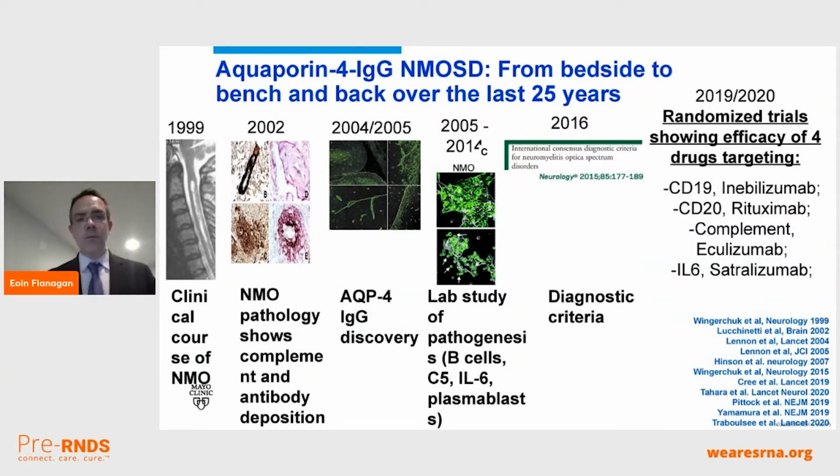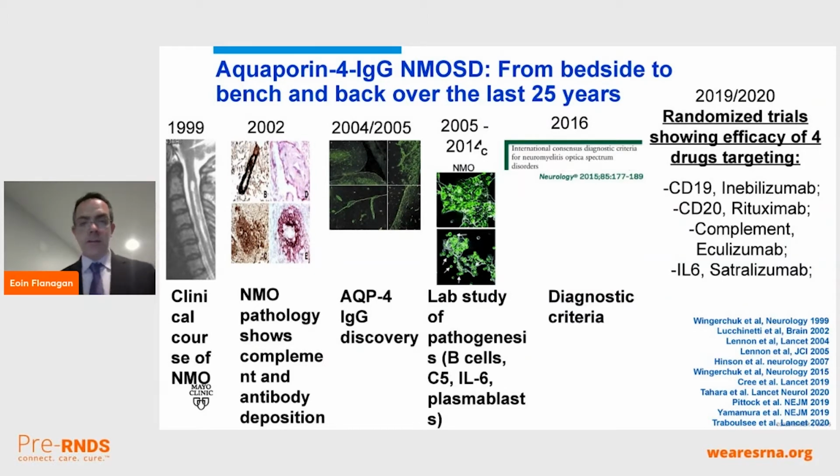In 2004 and 2005, Dr. Vanda Lennon at the Mayo Clinic discovered the antibody to aquaporin 4, which is a water channel within the brain, located on a particular type of brain cell called the astrocyte. What we think happens is that the antibody binds to that astrocyte, and you get this secondary demyelination and inflammation that affects the brain, the spinal cord, and the optic nerve.